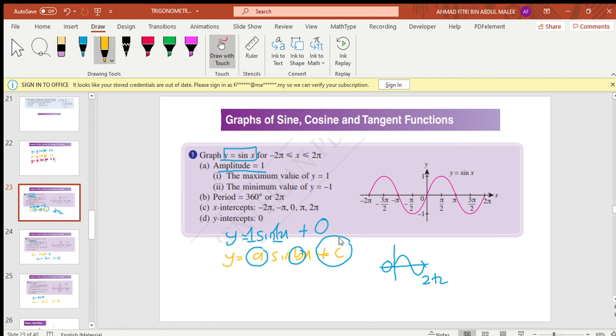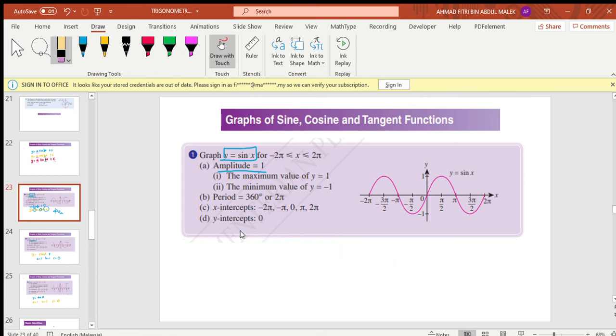If I change the function to y = sin x + 1, your graph will be like this, but it won't start at 0, it will start at 1. 0 will be here.